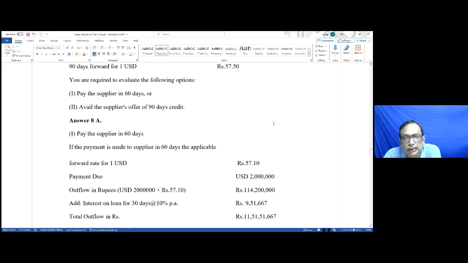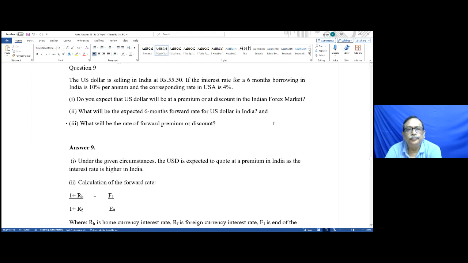Hope you have understood. Now you are coming to the next question. Just have a good look. The US dollar is selling in India at rupees 55.50. If the interest rate for 6 months borrowing in India is 10% per annum and the corresponding rate in USA is 4%, do you expect that US dollar will be at a premium or at a discount in the Indian forex market?